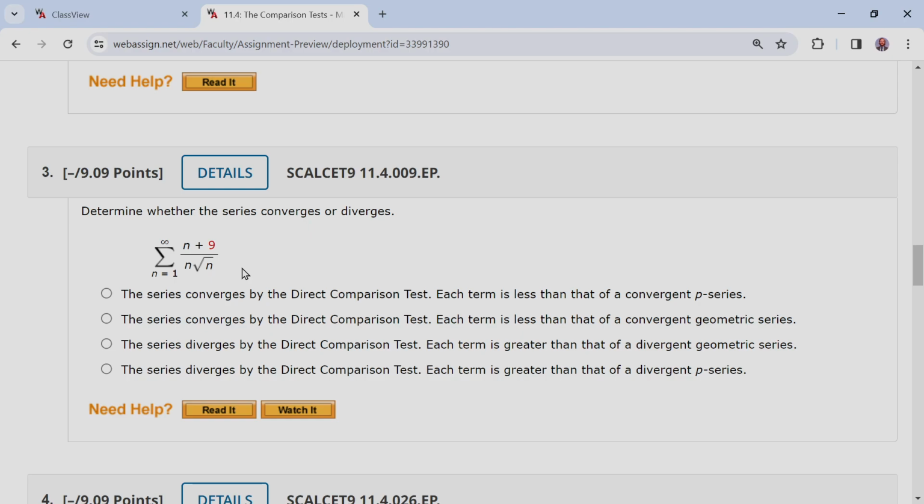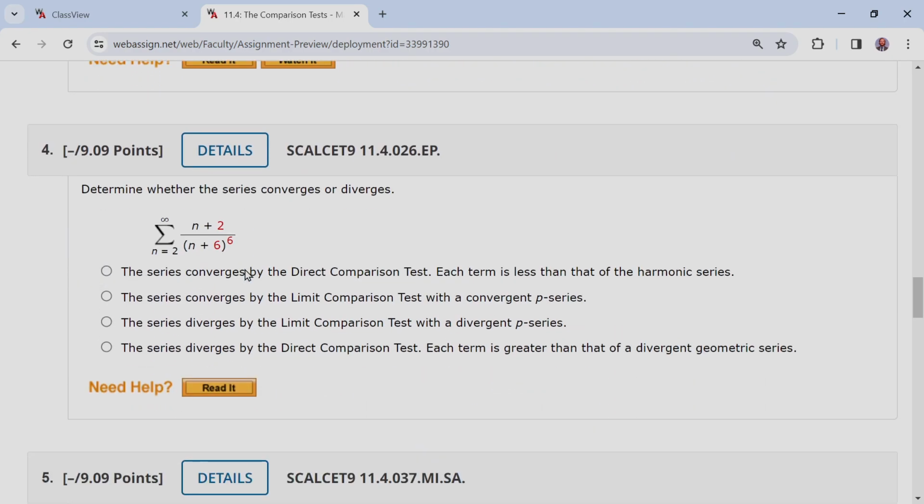Well, that smaller thing with the 1 over root n already diverges by the p-test. So if the smaller thing diverges, the bigger thing no doubt diverges. And so, yeah, we can use direct comparison to show that we are greater than a divergent p-series in this case, because we had 1 over square root n, or 1 over n to the 1/2.